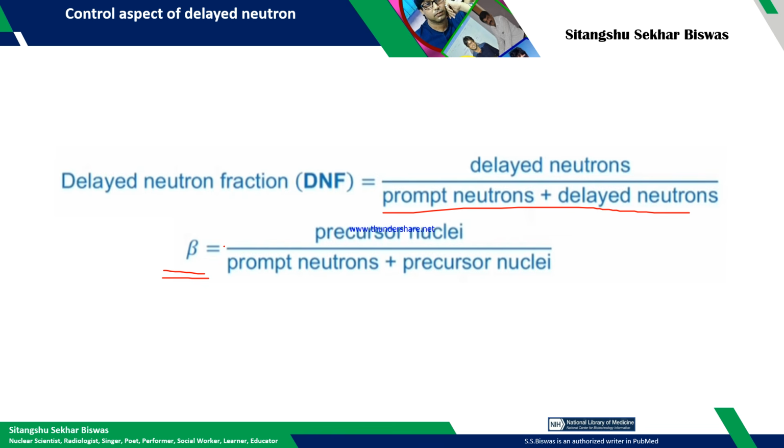In the previous derivation, I only considered all the neutrons inside the reactor generated from the fission as prompt neutrons, and using that assumption we calculated the instantaneous neutron population.